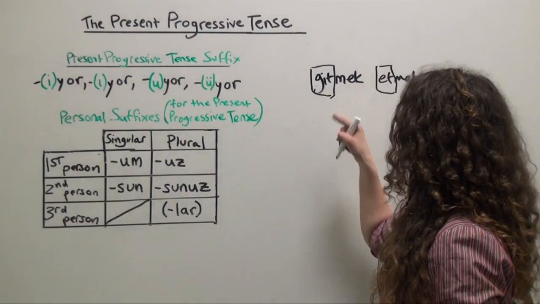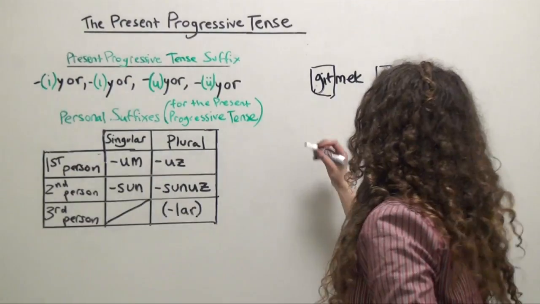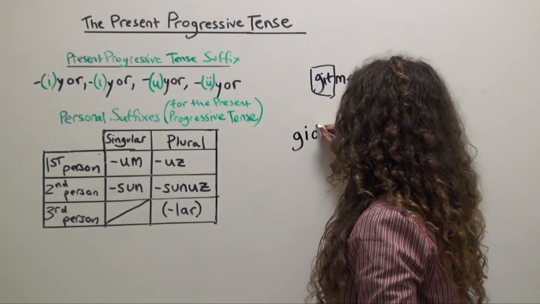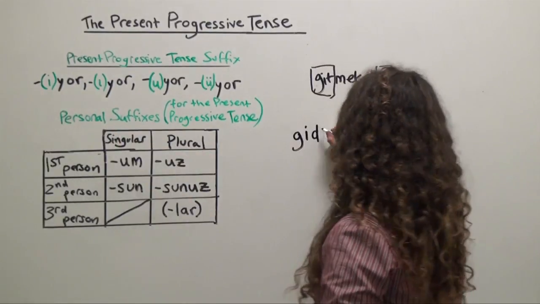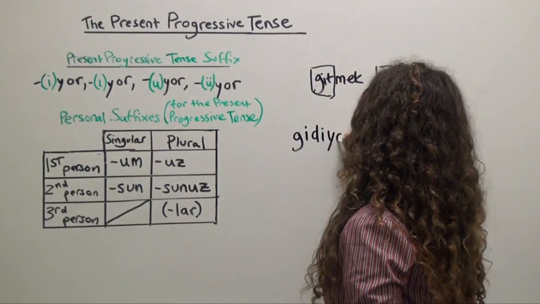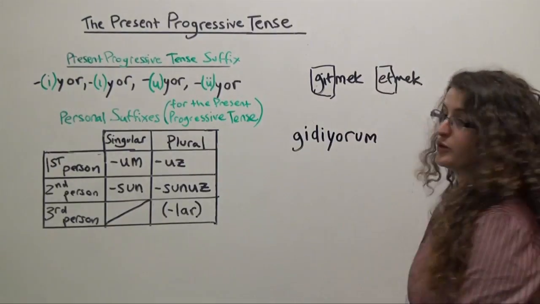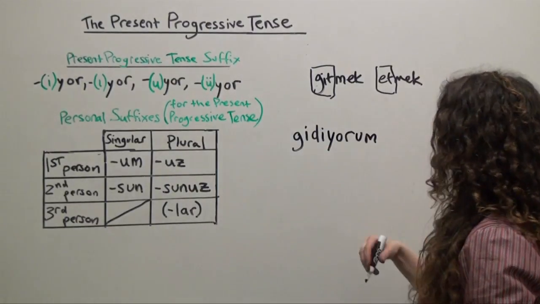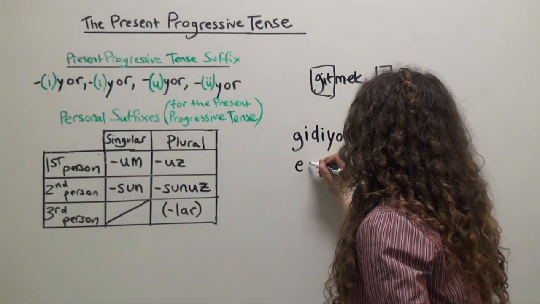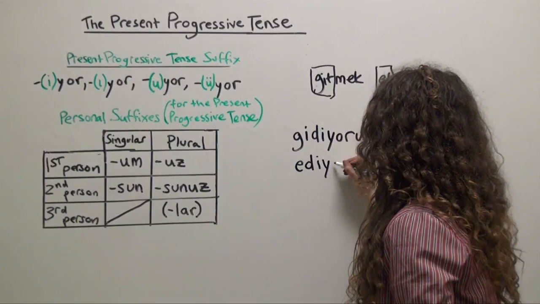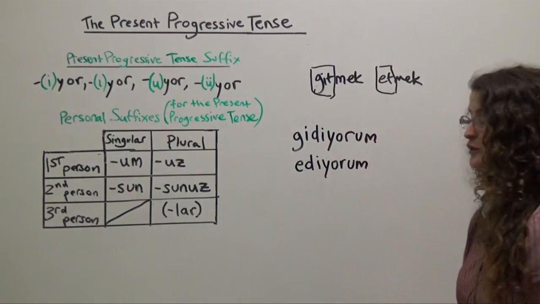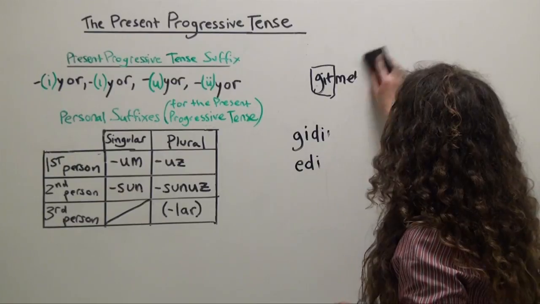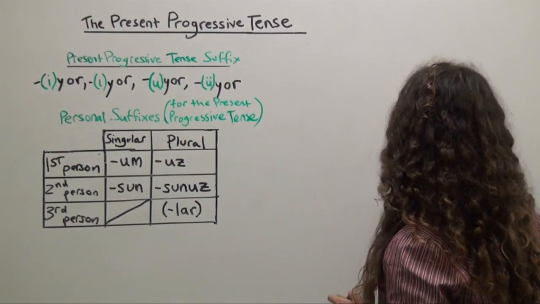So for gitmek, if you want to say I am going or I habitually go, you're going to say not git, but gid, i, yor, gidiyorum, I am going, or I habitually go. Same story with etmek. So this et is going to become ed. Ed, i, yor, ediyorum, I am doing.